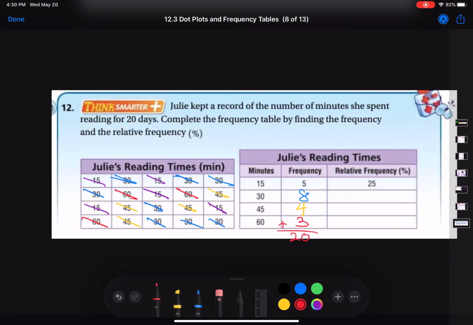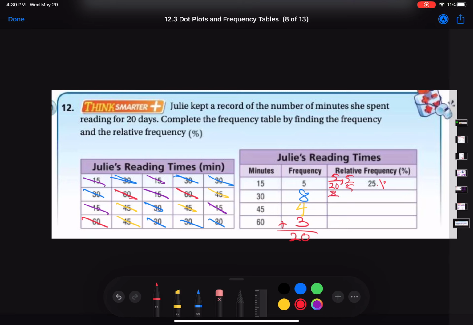And that actually makes sense because if this is 5 over 20, you're going to multiply top and bottom by 5, you'd get 25, so your relative frequency is 25%.